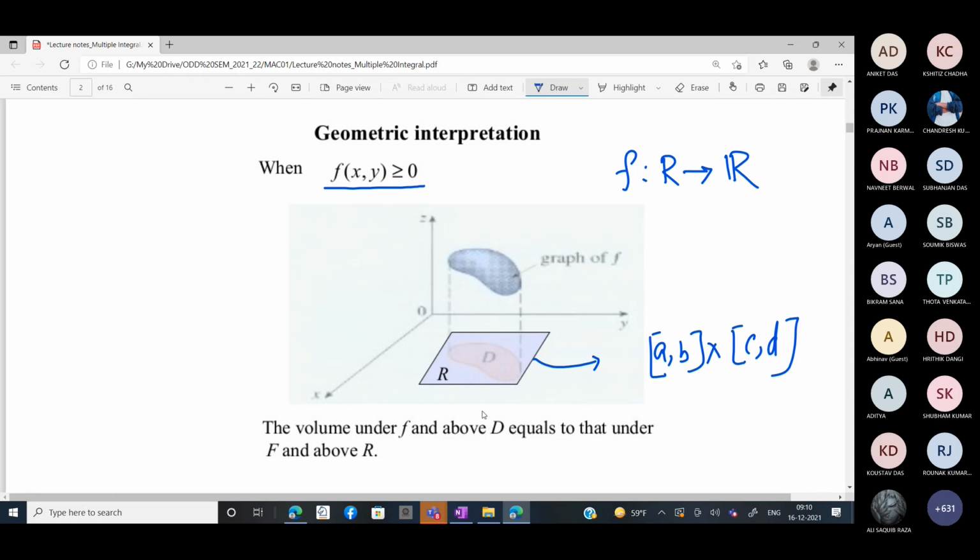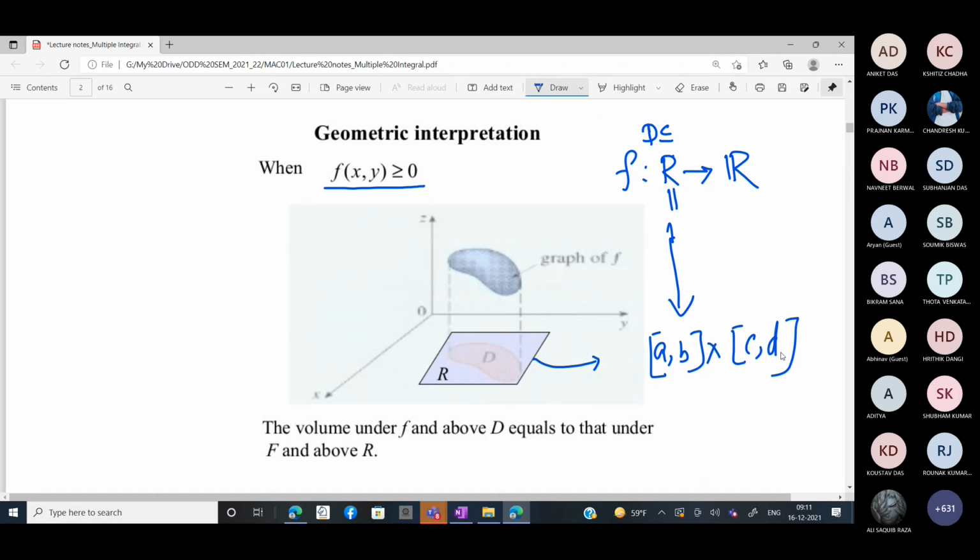So this D is your region of integration here. This is the general case. In particular, here it is your D. D is a subset, maybe a rectangle, a bounded domain, and this R is nothing but whatever I have written here.